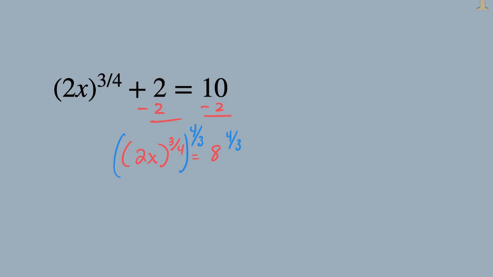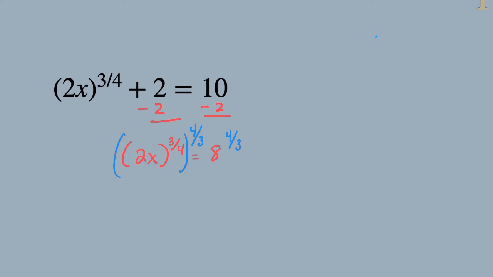The reason we raise it to the reciprocal is because a over b times its reciprocal, b over a, is always just equal to 1. If you were to multiply them out, you get ab over ba, but the numerator is the same as the denominator, so it's just equal to 1.